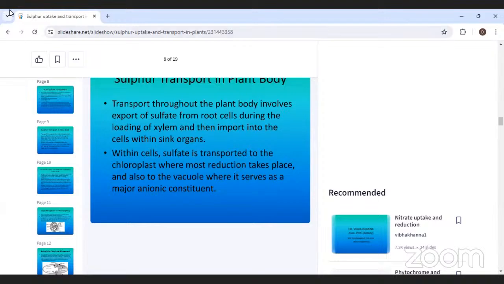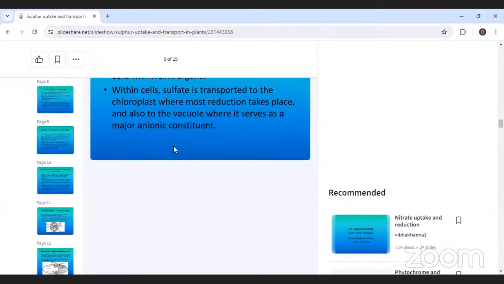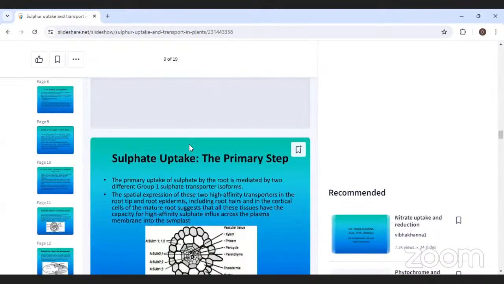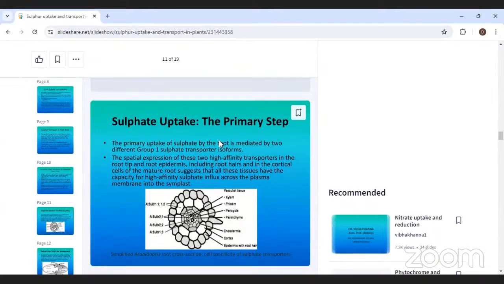First is the reduction of sulfate. The primary step, the reduction of sulfate to sulfide, is an energy consuming process requiring 732 kilocalories.